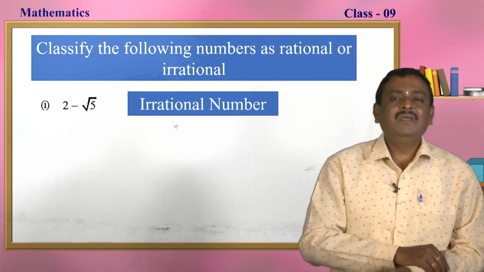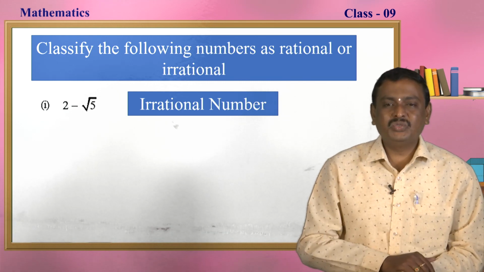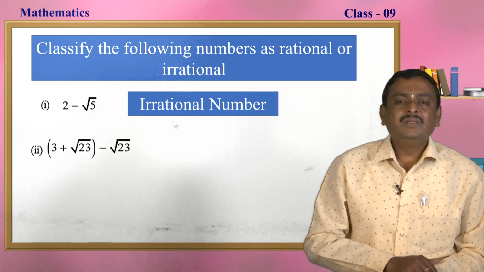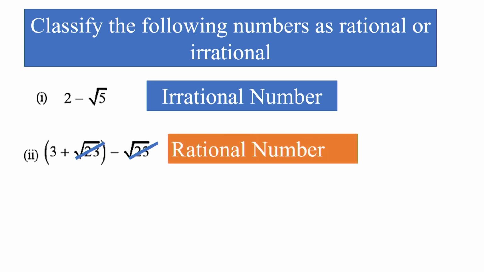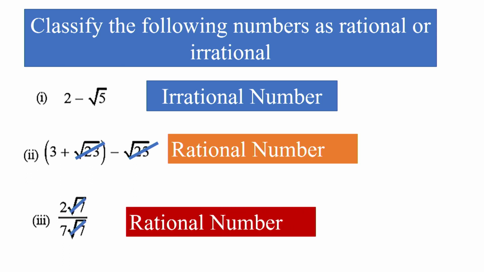Because we already know the facts, my dear students. 3 plus root 23 minus root 23, here root 23 gets cancelled, because plus root 23 and minus root 23, the remaining is 3. So, it is a rational number. See, what is the answer now? Yes, you are right, it is a rational number. How? Root 7 cancels. So, we get 2 by 7, it is a rational number, my dear students.